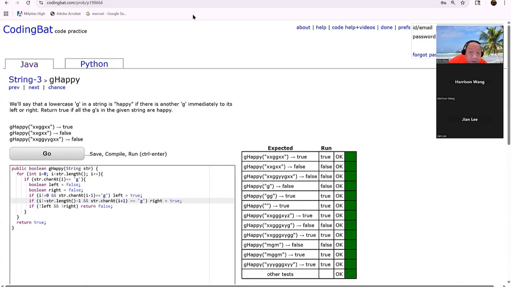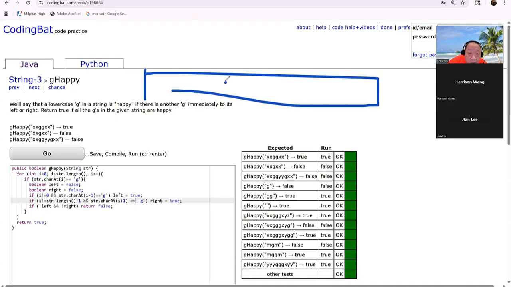Oh, yeah. So this one, we call it the left-right method. You detect a G, you check on the left side and the right side, if both are not happy. If you just keep doing the window of 2, then you check this one, and when you go to the next one, you did not check its left side.